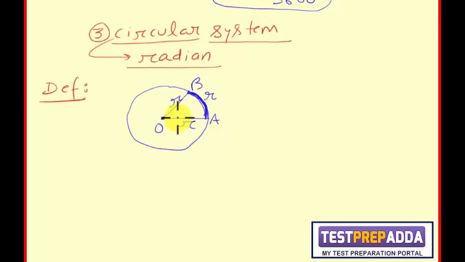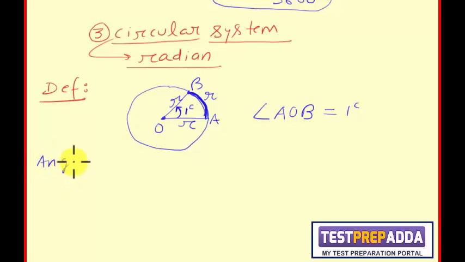Then this rotation, this amount, is called 1 radian. Angle AOB is 1 radian. So, what is the definition?